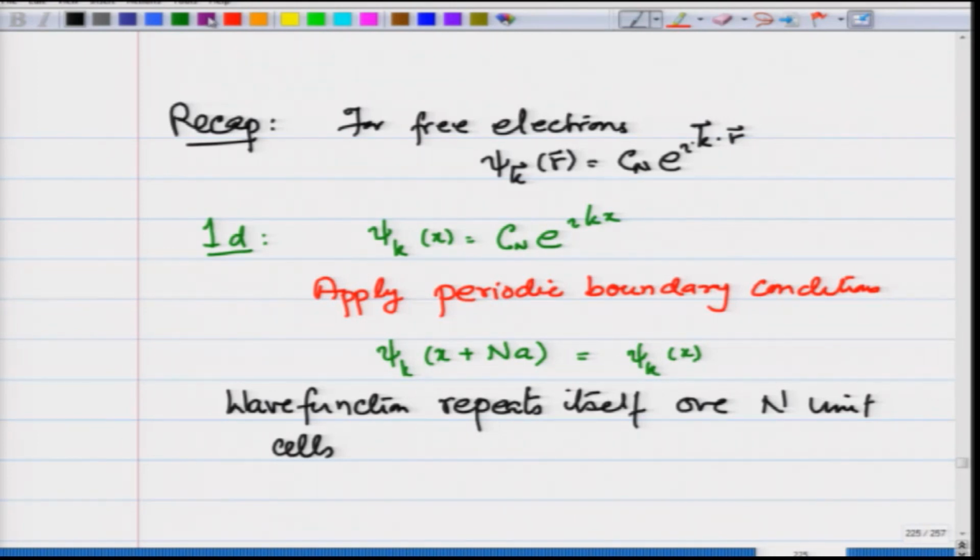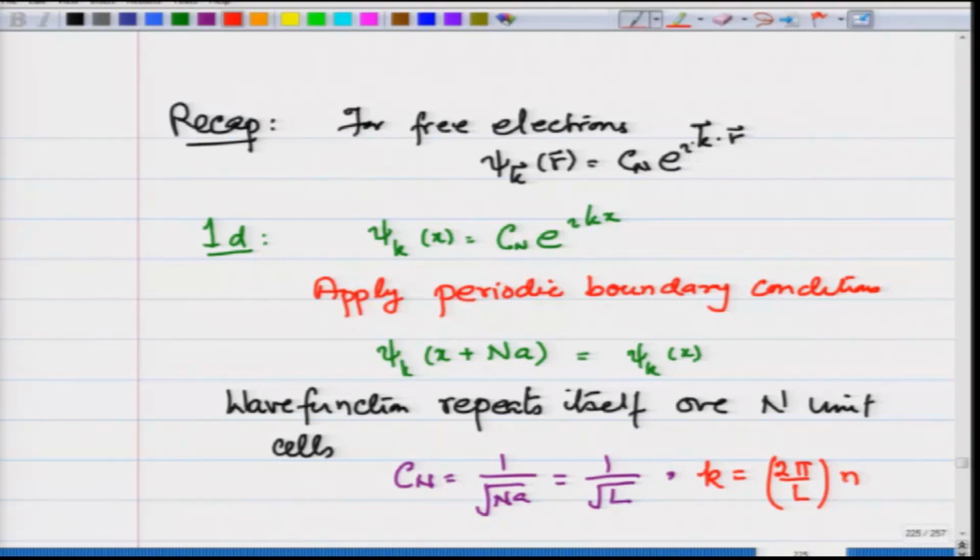And from that we could find that C n comes out to be 1 over square root of n a, which is 1 over square root of the length of the crystal, or length over which the periodic boundary condition is applied, and k comes out to be quasi continuous 2 pi over L times n, where n goes from n equals 0, plus minus 1, plus minus 2, and so on. So, this is how we applied the boundary condition for free electrons.